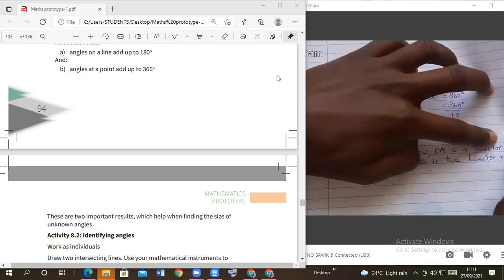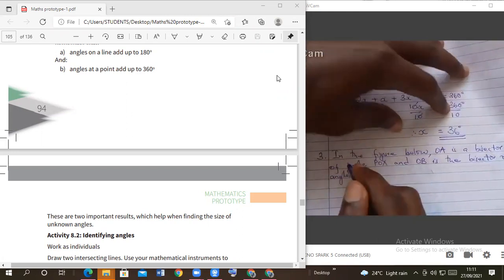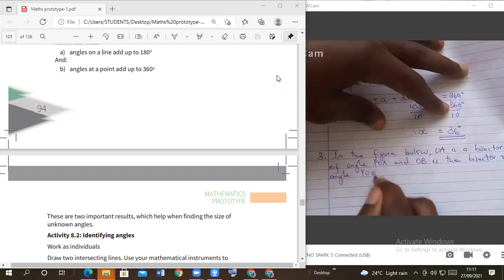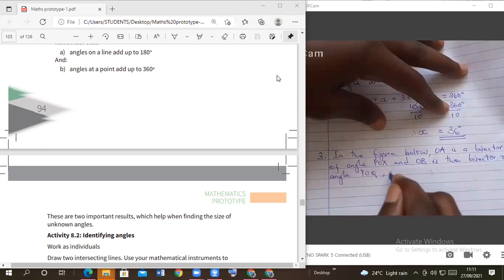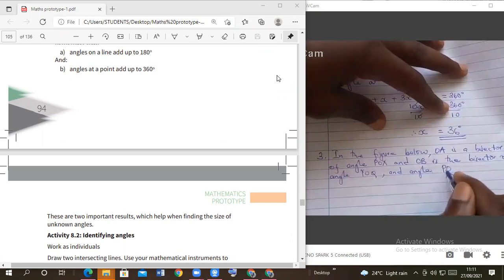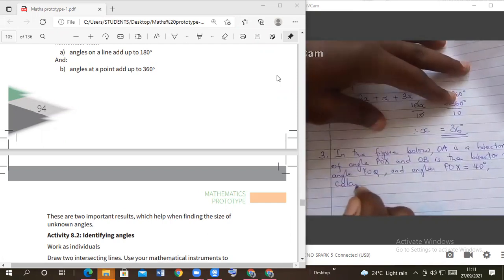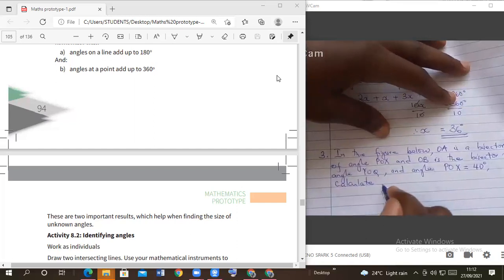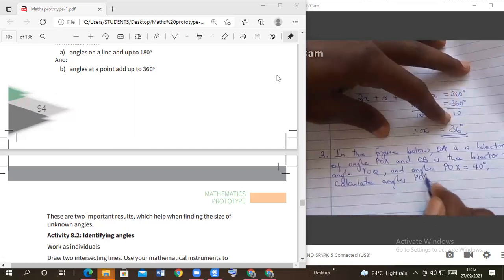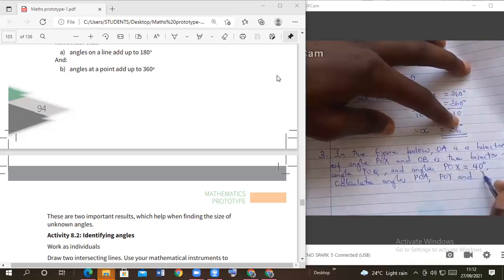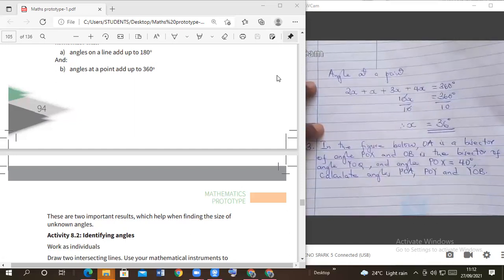OB is the bisector of angle YOQ and angle POX is 40 degrees. Calculate angles POA, POY, and YOB.